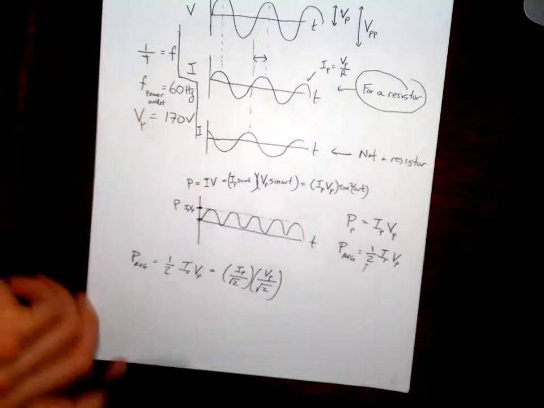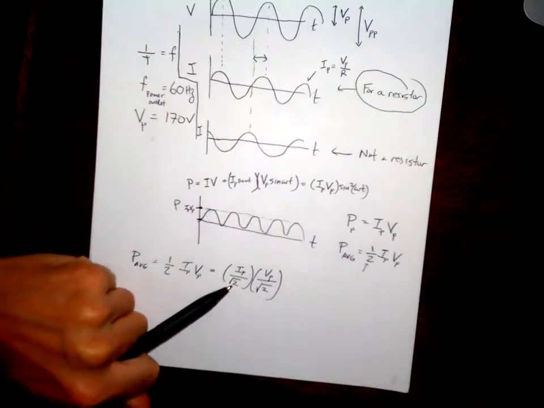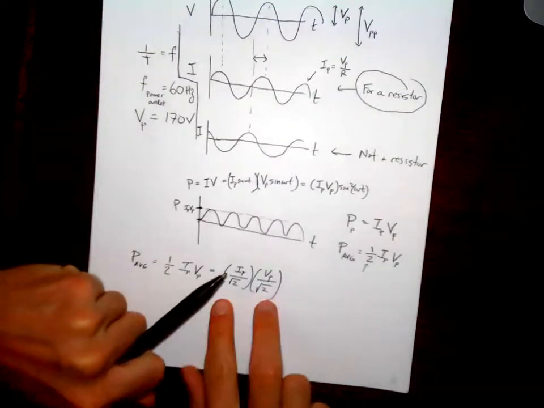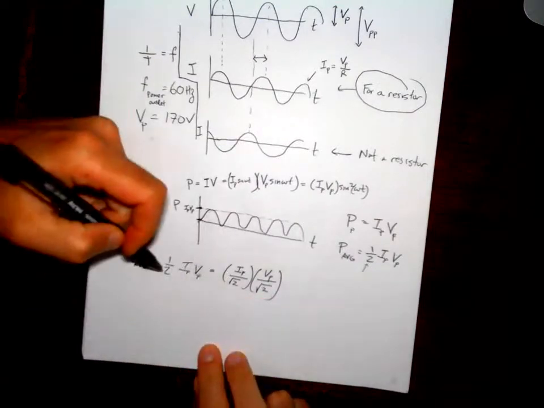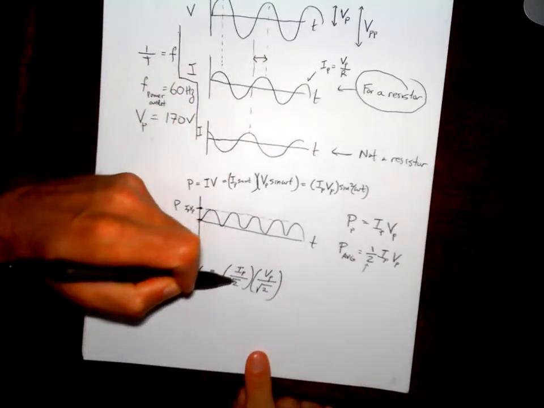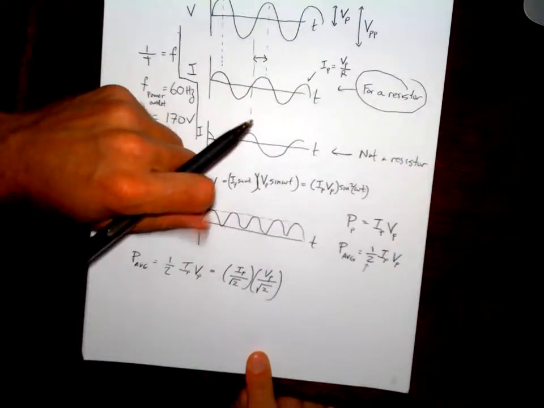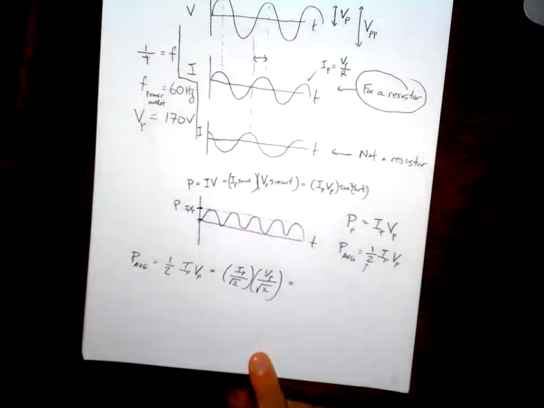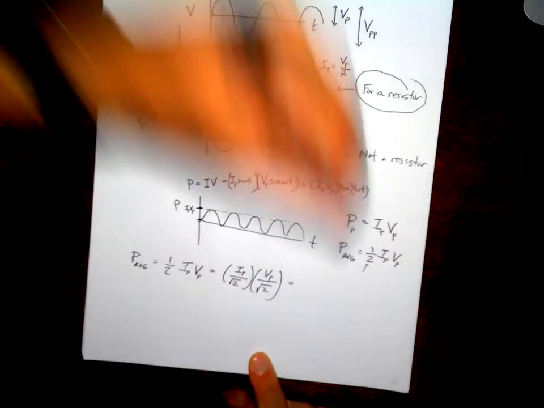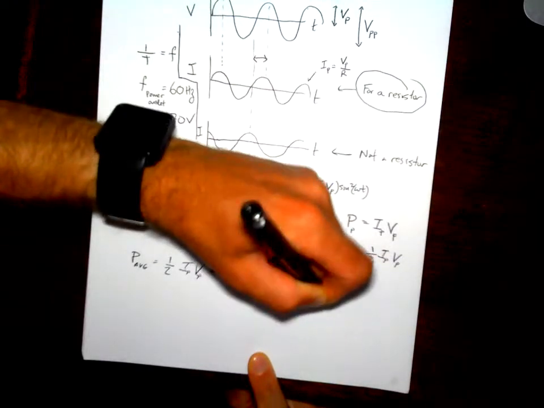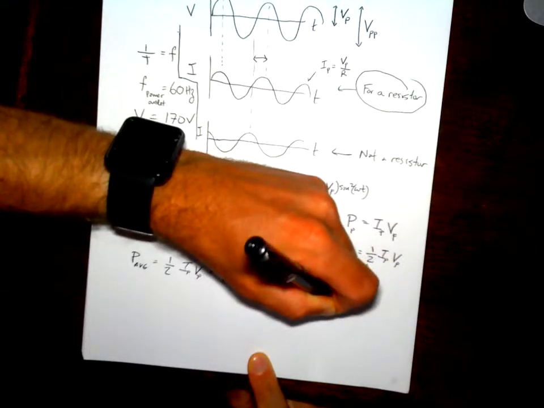Okay, so notice how we write it as square root of 2 times square root of 2. If I multiply the two square roots of 2 together, we just get the 1/2. Now, when we divide the quantity by square root of 2, that's called the RMS value for that quantity. So I could write this as RMS current times RMS voltage.